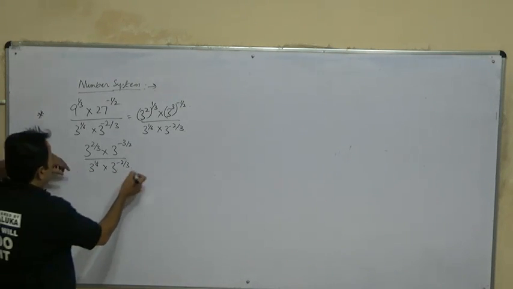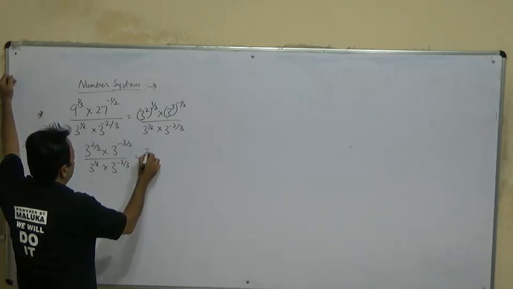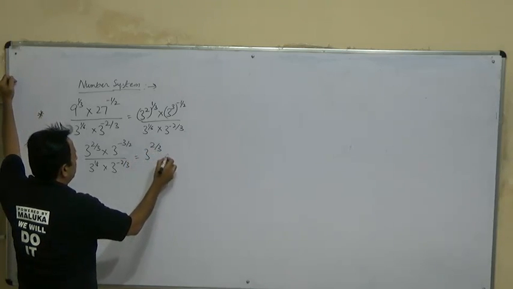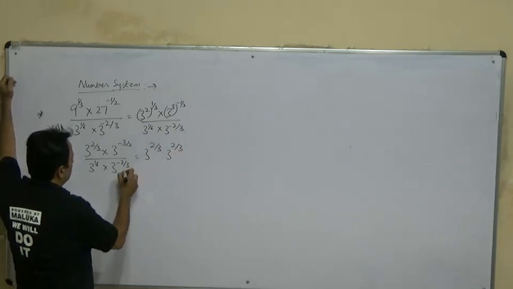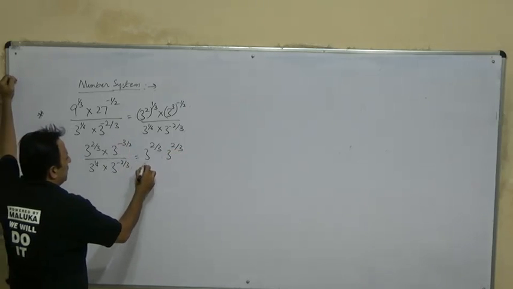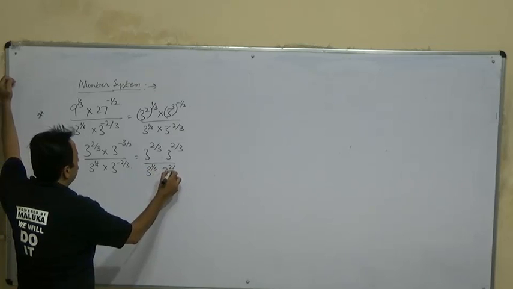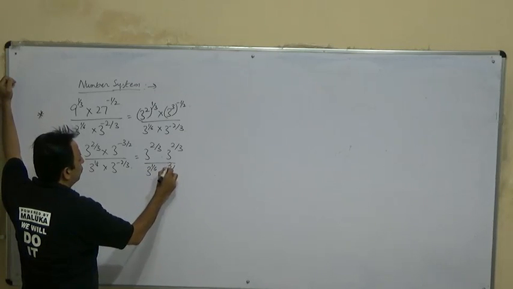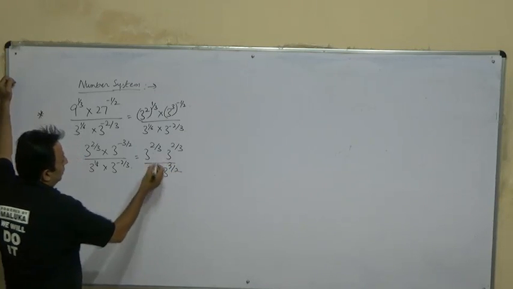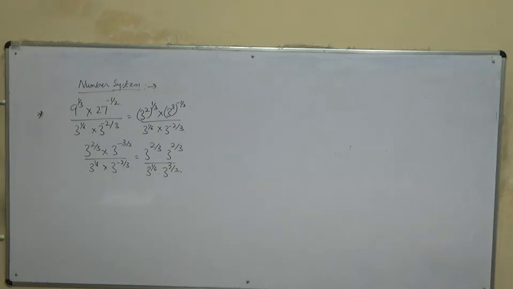Okay, we can shift this to 3 raised to power 2 by 3, and this will be 3 raised to power 2 by 3. This comes up, and this is 3 raised to power 1 by 6 and 3 raised to power 2 by 3 by 2. Now all the bases are 3.